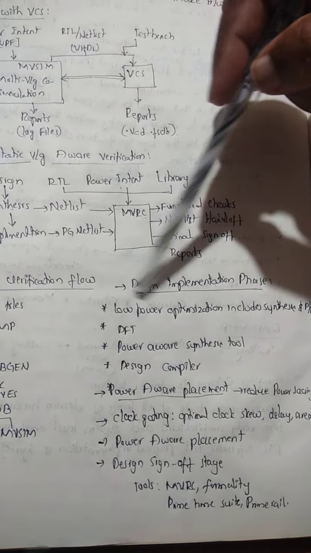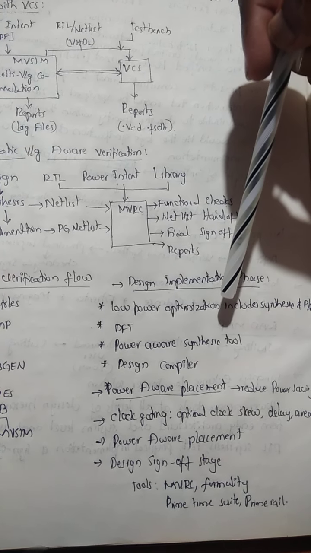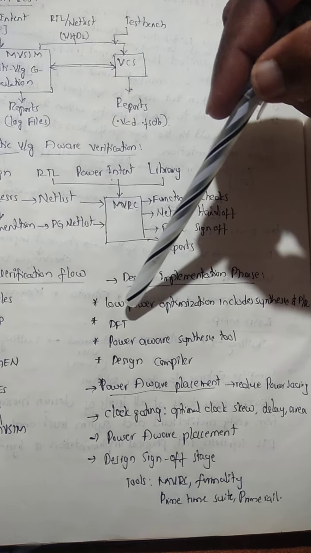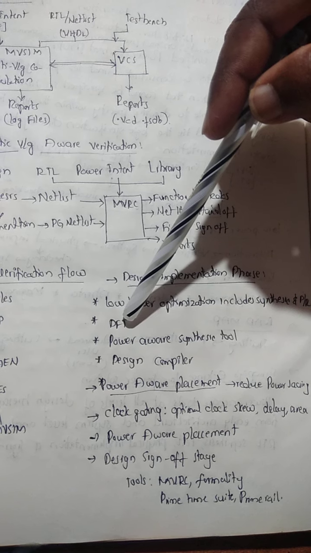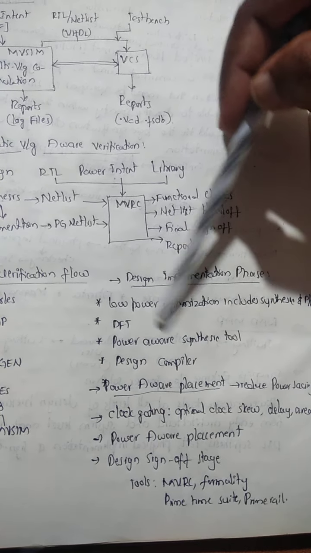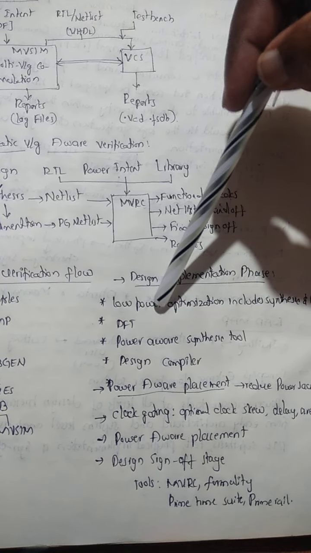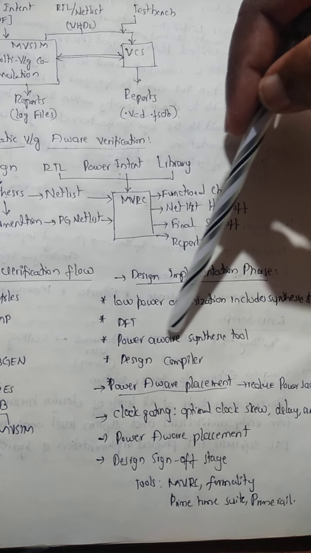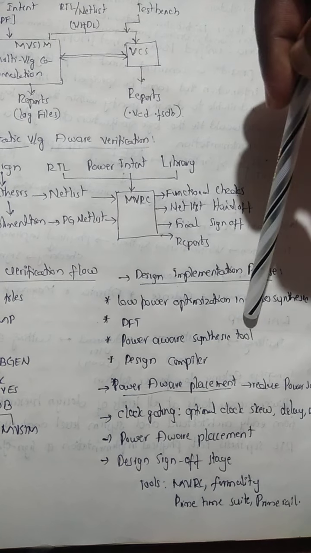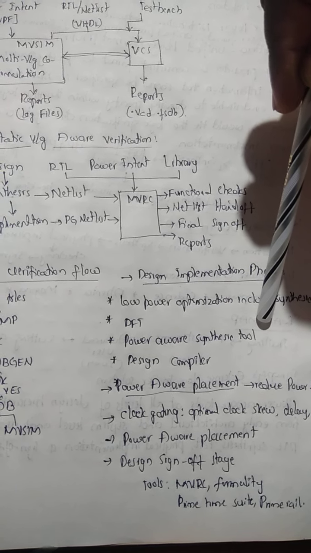Next, we will see how the design implementation phase comes into existence. The low power optimization includes synthesis, placement, as well as route. Now we take into account the DFT, design for test, at this phase of the design. Next, the power-aware synthesis tool carefully balances the area, timing, and power constraints.